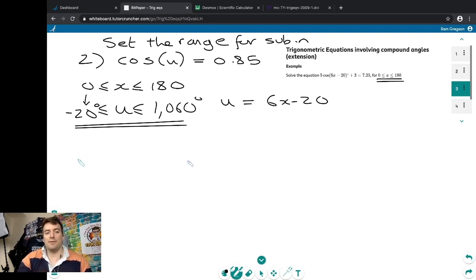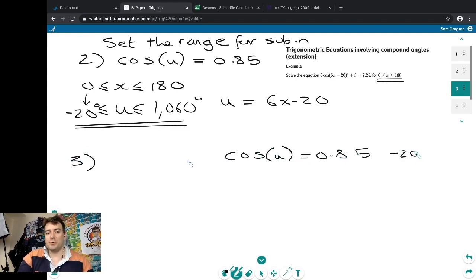So we set the range for the substitution. Step 3, so let's rewrite our equation. We now have cos of u equals 0.85 between a range of minus 20 to 1,060, right? Now step 3 is to find the first solution.